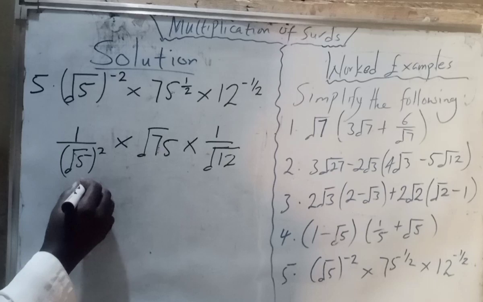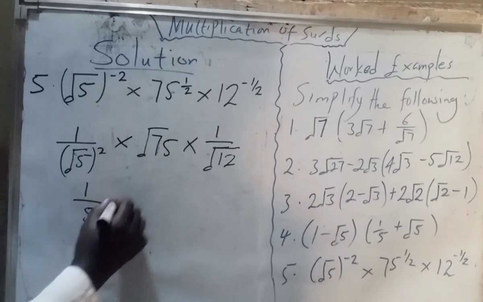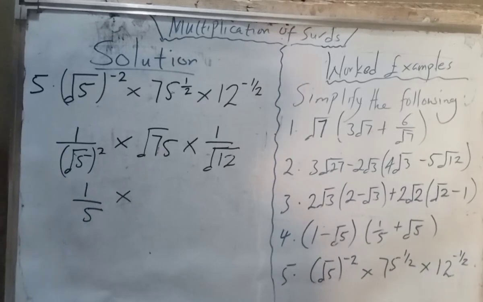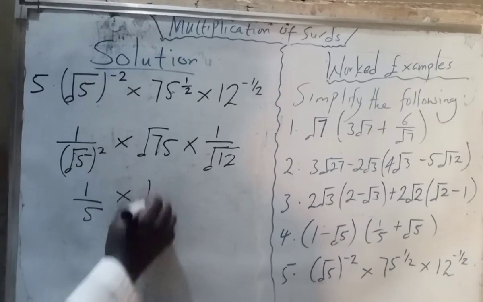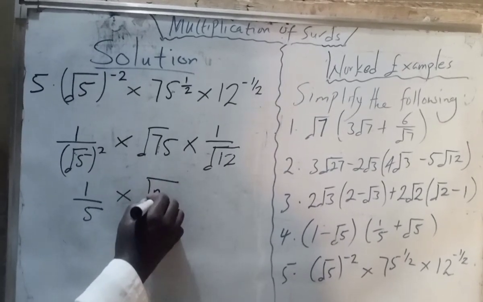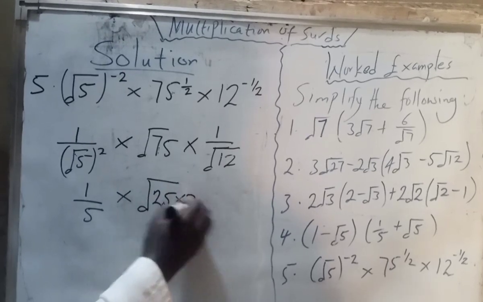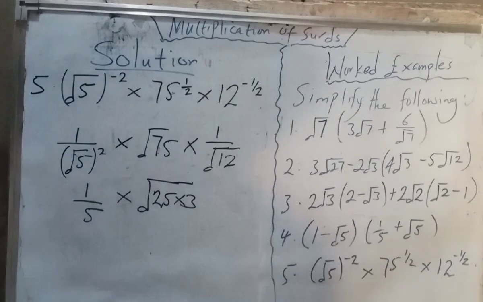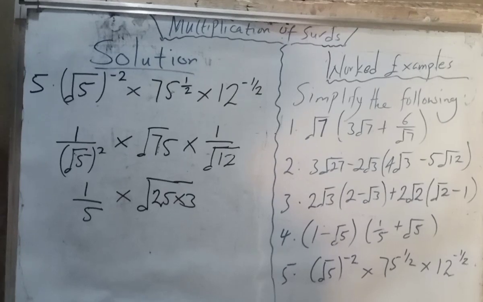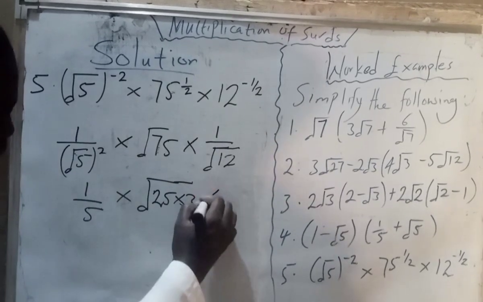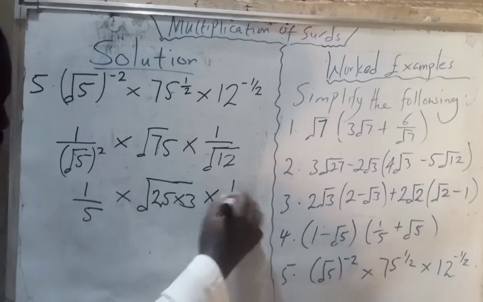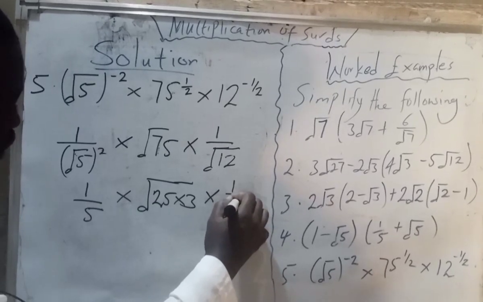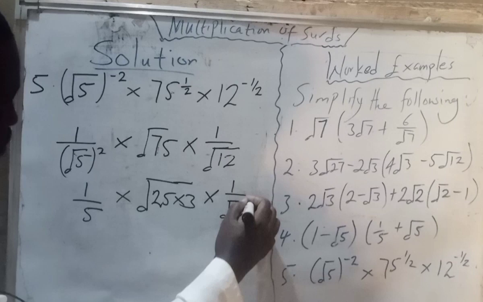That will give us 1 over 5 times root 75, which is the same thing as root of 25 multiplied by 3, times 1 over root 12, which is the same as root of 4 times 3.